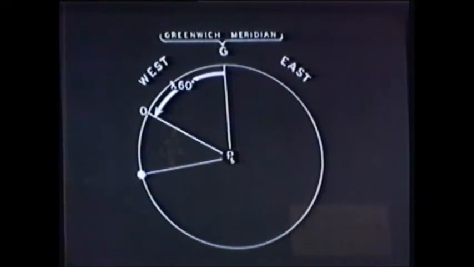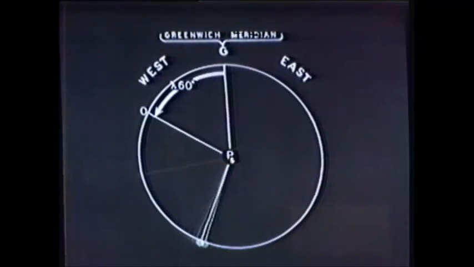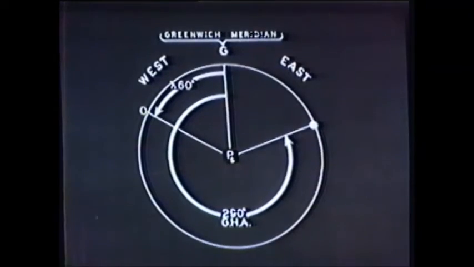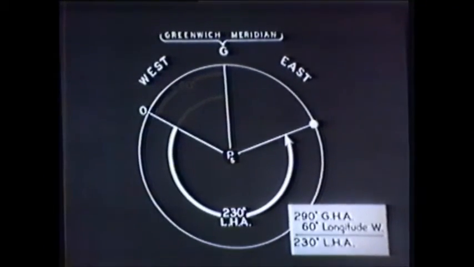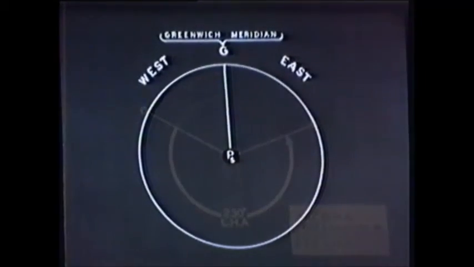If the Greenwich hour angle of the sun increases to 290 degrees, then the local hour angle becomes 290 minus longitude 60, which equals 230 degrees.